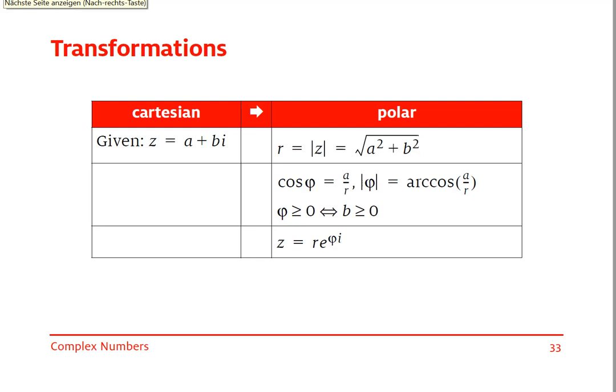If the imaginary component b is positive, then the angle phi is positive, and if the imaginary part is negative, the angle phi is negative. And then we have r and phi, and we can compose the number z in a polar form as r times e to the power of phi i.